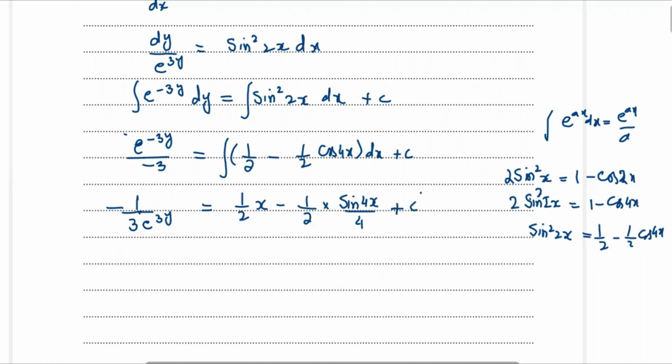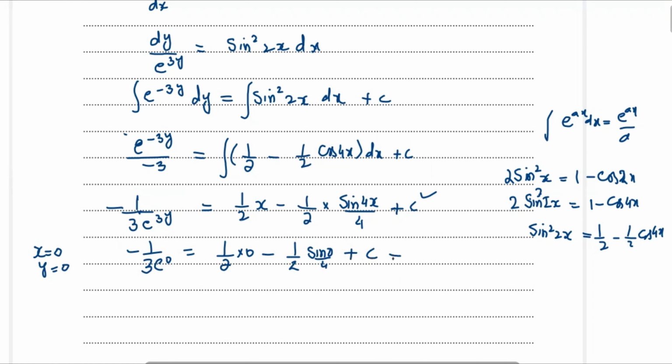Now we find the c when x equal to 0 and y equal to 0. We can write it as minus 1 over 3 e power 0 equal to 1 over 2 into 0 minus 1 over 2 into sine 0 over 4 plus c.